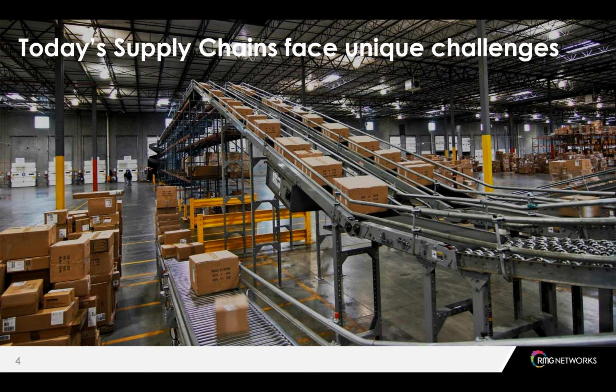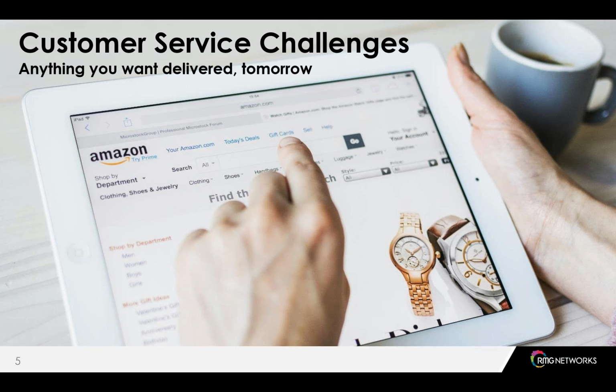But the point is that you face some very unique challenges. We're going to start with addressing just a few of those to talk about what we see in the supply chain space, and then how visual solutions, visual business intelligence can address those.